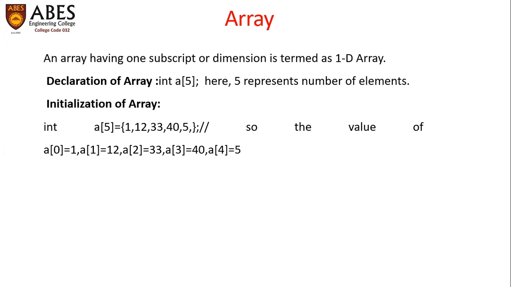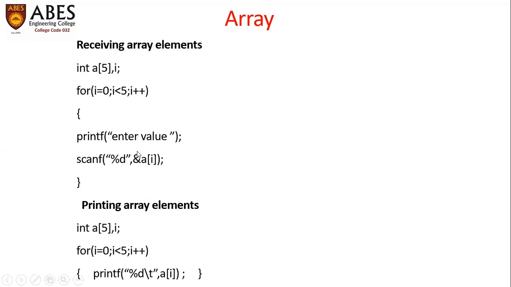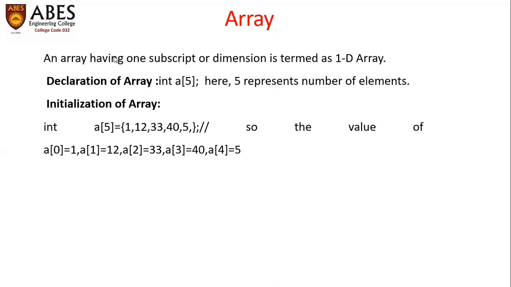How can you declare an array? Array declaration requires three things. One is a type, another is a name, and third is the size.